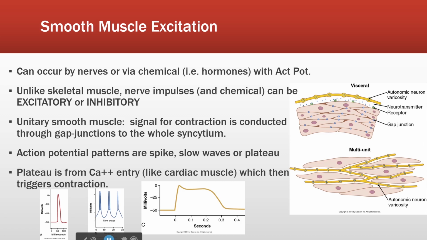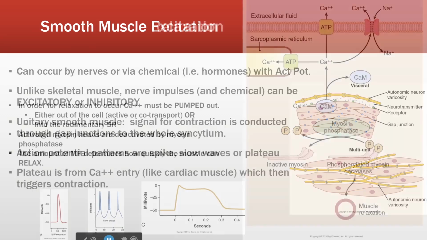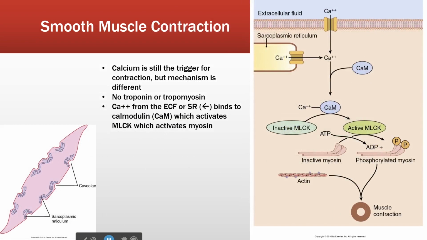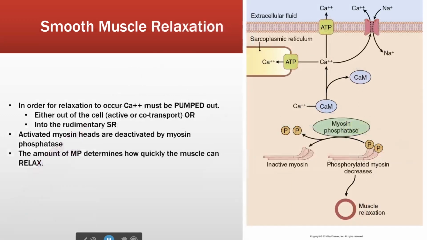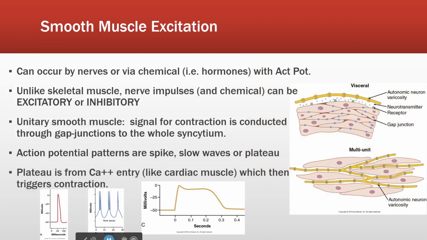But we don't have to have neurons to have smooth muscle function because, like in the digestive tract, this receptor, this channel, is a chemical channel, right? It responds to hormones instead of the nervous system.